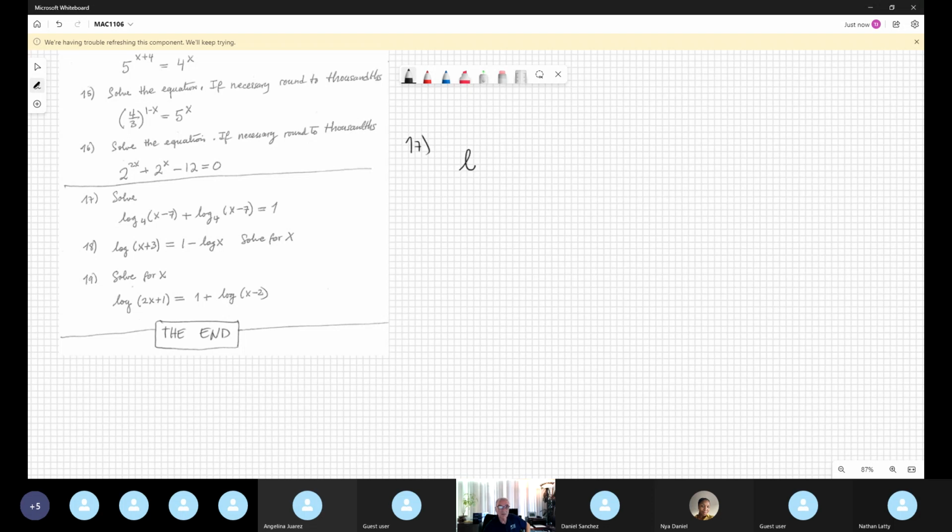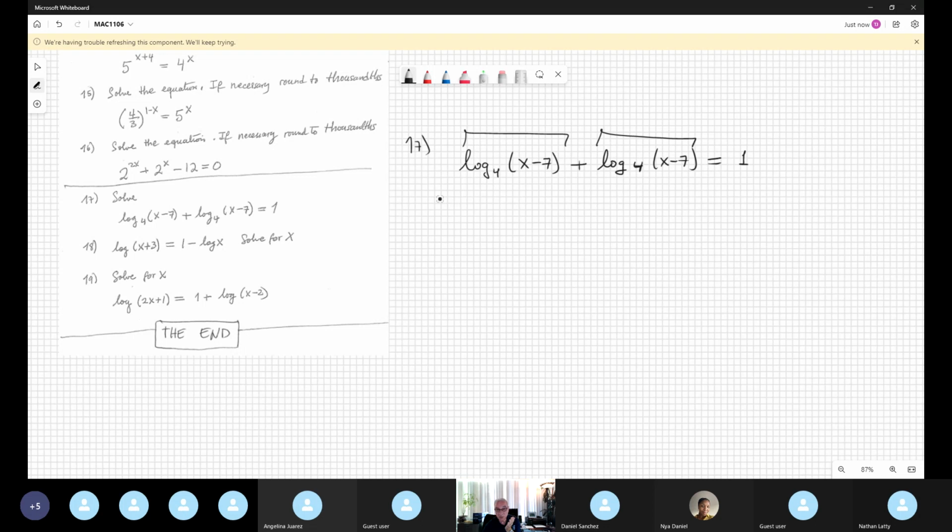Logarithm base 4 of x minus 7 plus logarithm base 4 of x minus 7 equals 1. Looks like we have twin brothers, right? This one and this one are the same.